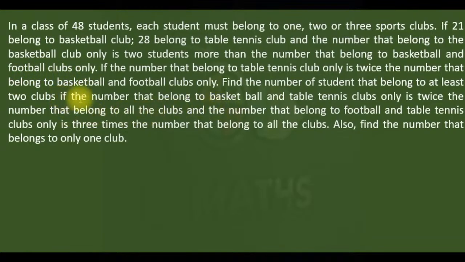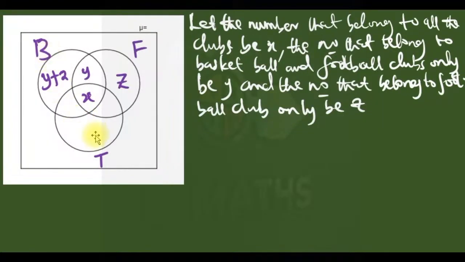Okay, look at this line. They say the number that belongs to basketball and table tennis club only is twice the number that belongs to all the clubs. So we'll go to all the clubs and the one that belongs to basketball and table tennis only is 2 times the one that belongs to all the clubs. So this is 2x.